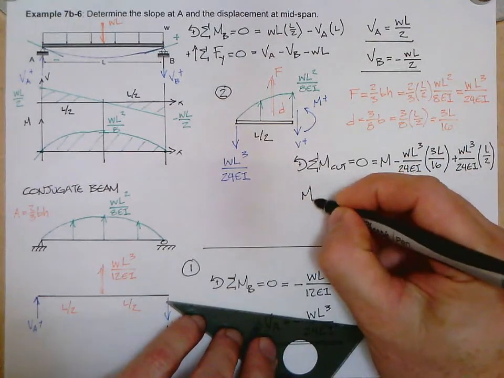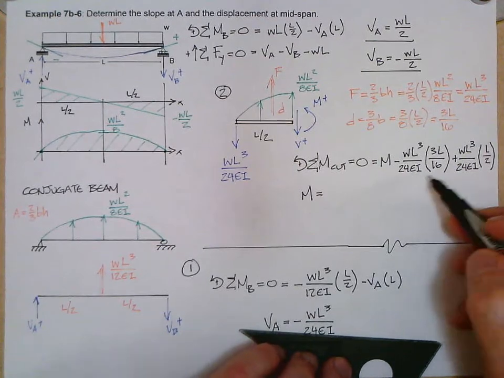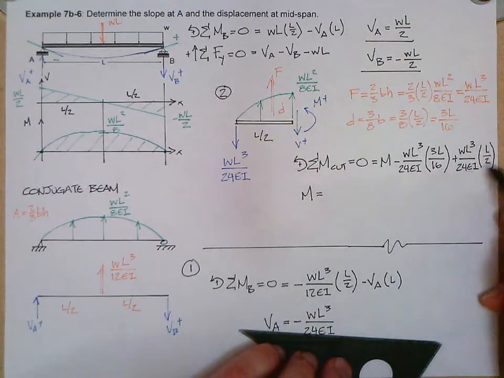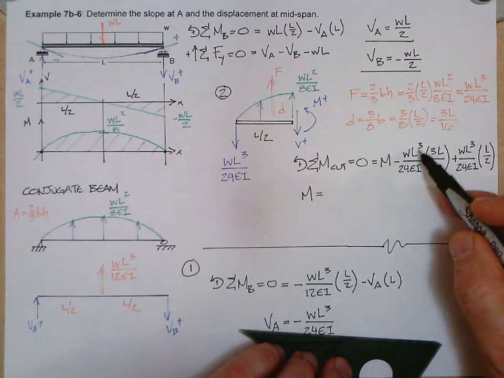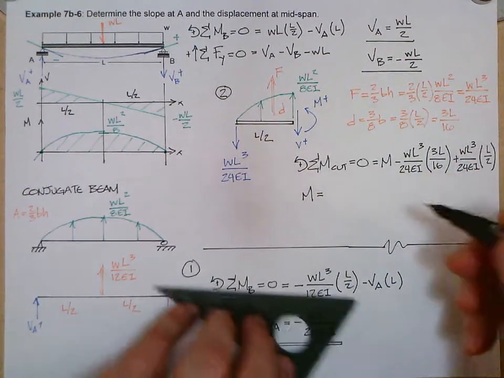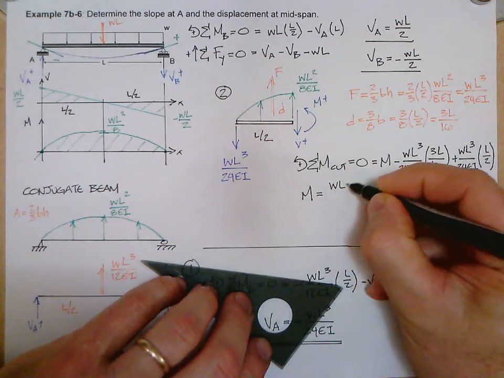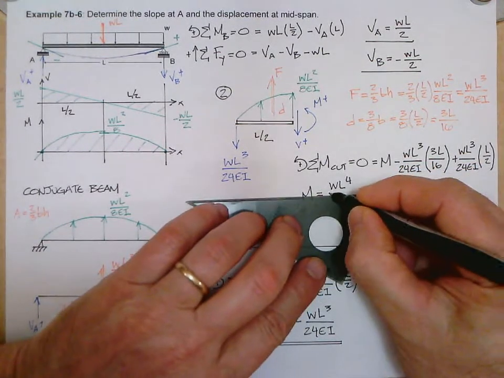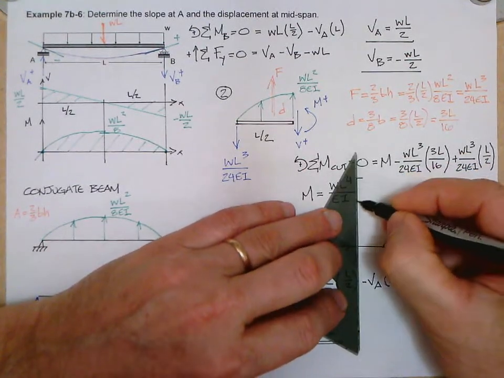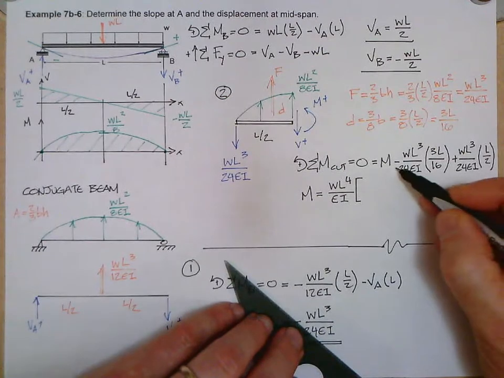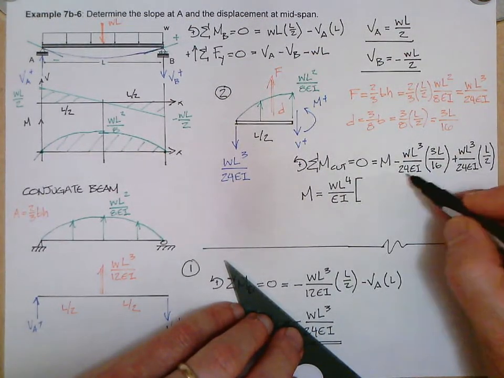So I solve for my moment. Let's see. So when I move this to the side, this will become positive, this will become negative. They each have a WL to the 4th over EI. So let me pull that out. So I've got WL to the 4th over EI. So what do I have left? Again, this term will go to the other side of the equation, become positive. And I got 3 over that.